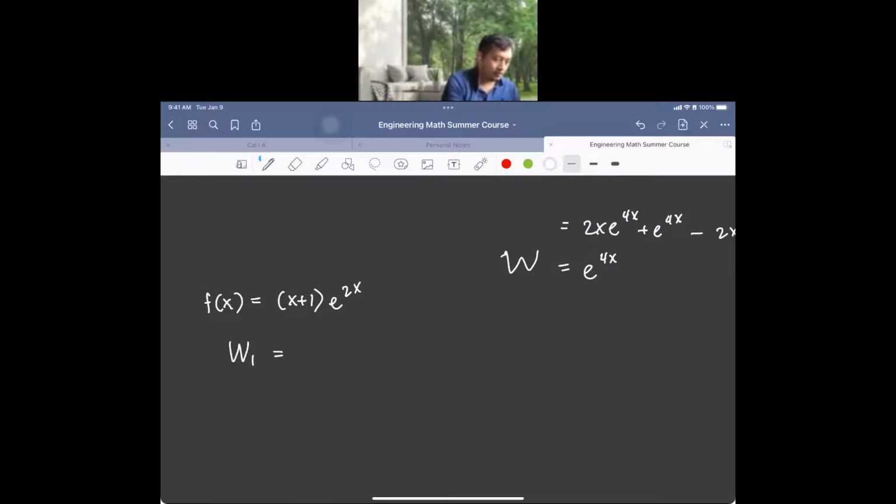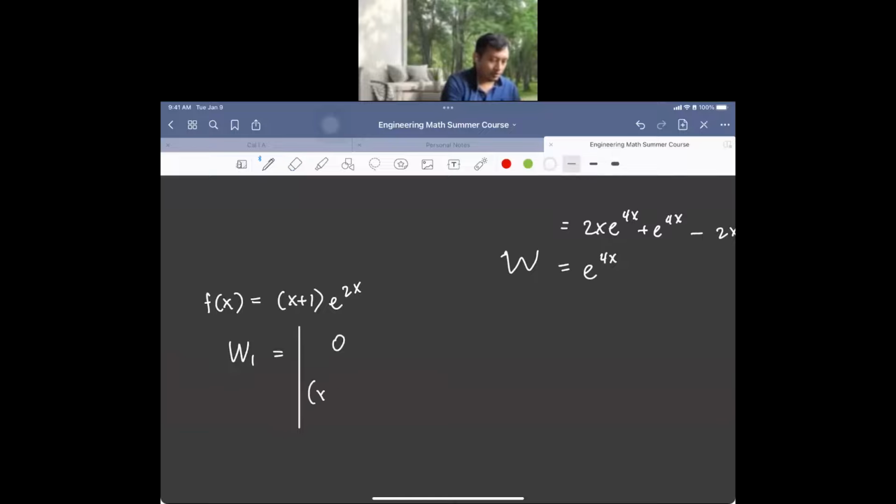We can set up the Wronskian again. Now exchange this to 0 and this is f of x, okay? And this is supposed to be y1, y2, right? Y2 or y2 prime, okay? So we set up this.